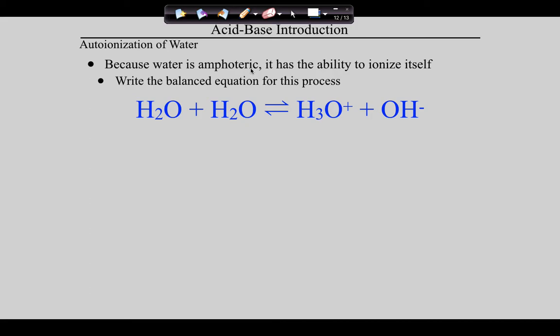Water reacts with water. And when this happens, water can take hydrogens from water, and when they do, we end up with hydronium ion and hydroxide ion being formed in the water. And guys, understand, this is not some crazy pie-in-the-sky idea. This happens.